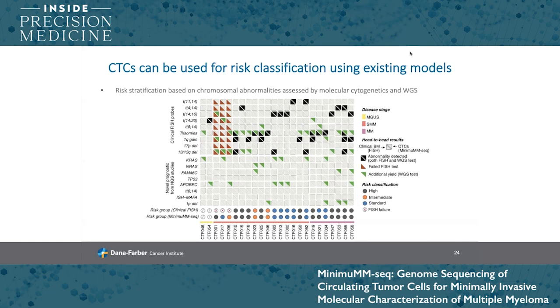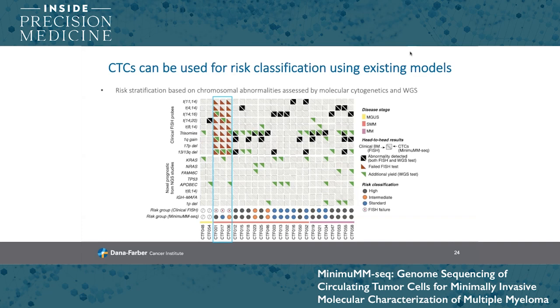Risk stratification using available cytogenetic-based models showed matched patients would have been compartmentalized into the correct risk grouping when bone marrow FISH was successful, as highlighted in the bottom rows entitled Risk Group by Clinical FISH or Risk Group by MinimuMM-seq. Additionally, the recovery of FISH failures enabled the attribution of clinical risk in 3 patients, falling into high, standard, or intermediate risk classifications.